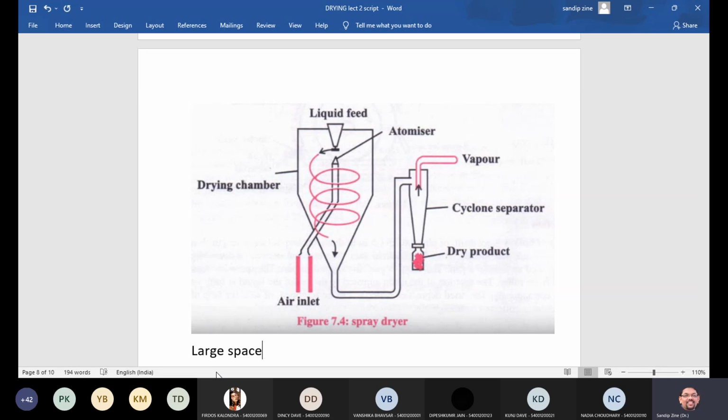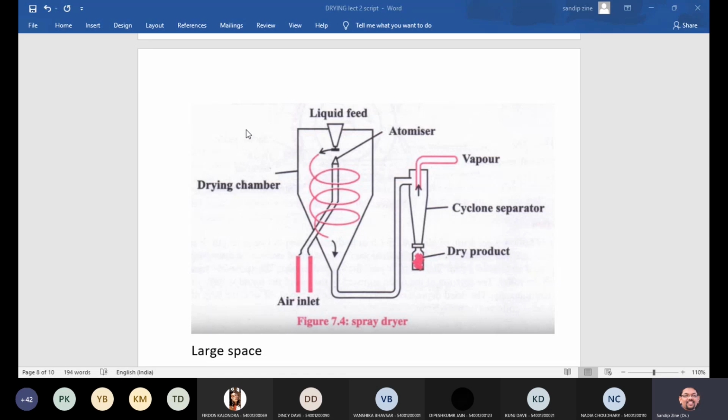So in the principle we can mention that spray dryer provides a large surface for heat and mass transfer by atomizing the liquid into small droplets, and these are sprayed in a stream of hot air so that each drop dries to get solid particles.